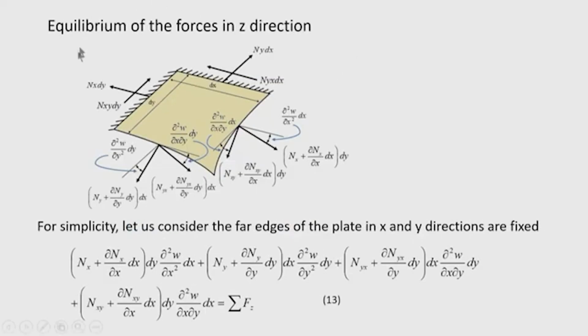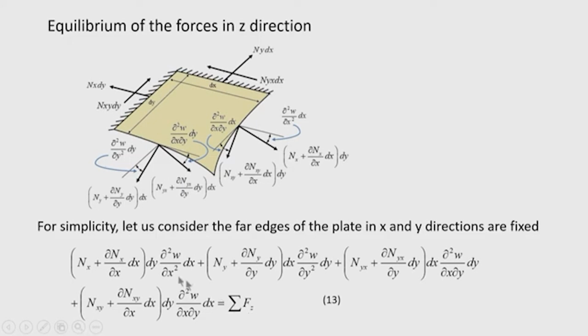Now, we can sum up the forces in the vertical direction. Okay. So, summing up the forces in the vertical direction, this is one vertical component that we have written here, then the vertical component of this force, then the vertical component of the membrane force, and the vertical component of the membrane shear force. Since these edges are fixed, there will be no vertical component, so the summation is some force, say Fz.